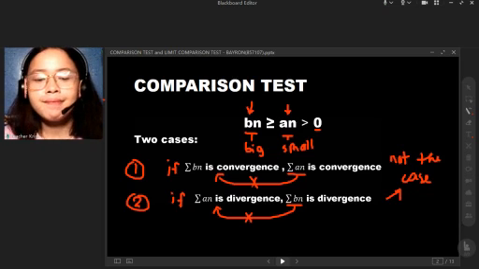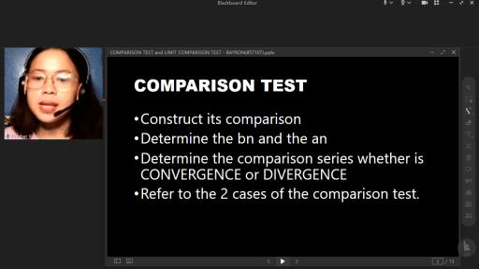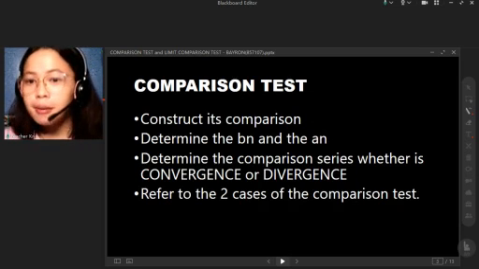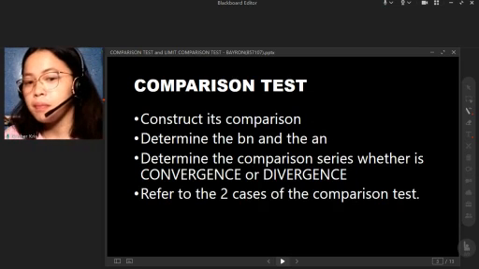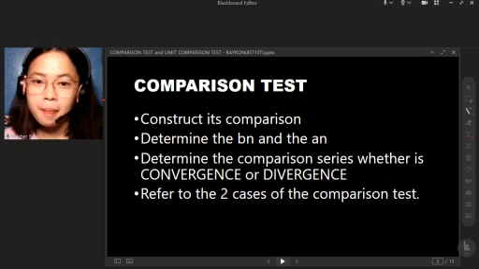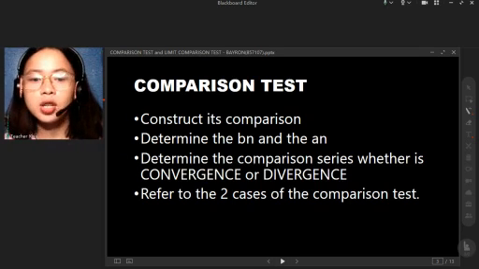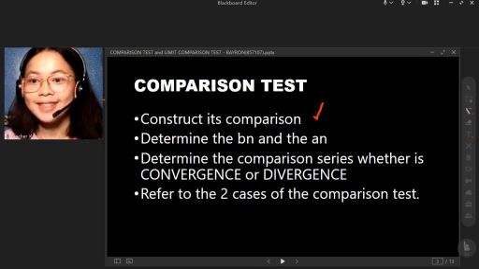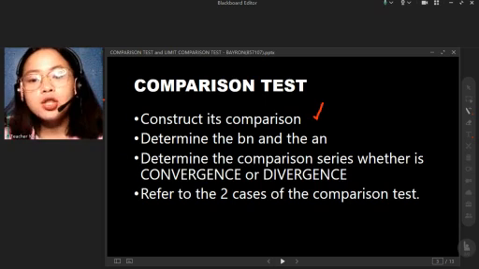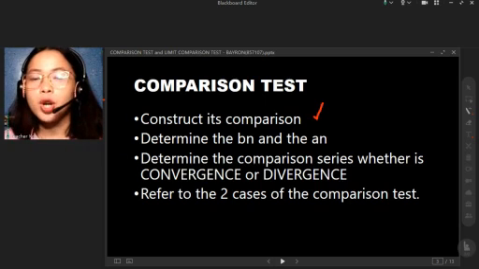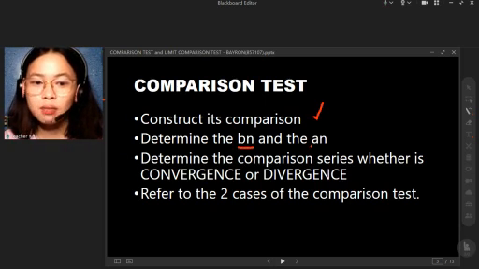Okay? Now, let's proceed to the steps on performing the comparison test. Let's construct its comparison. We're going to determine the big sequence and the small sequence.